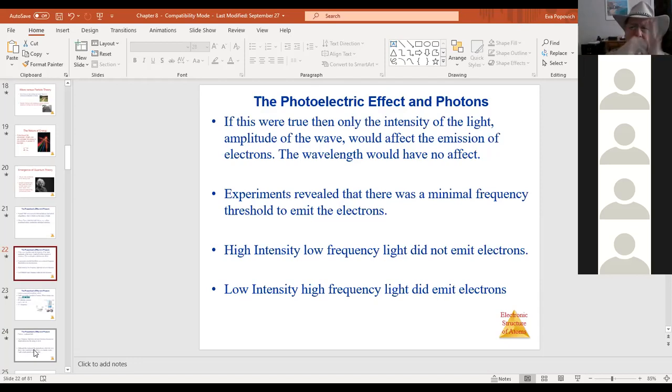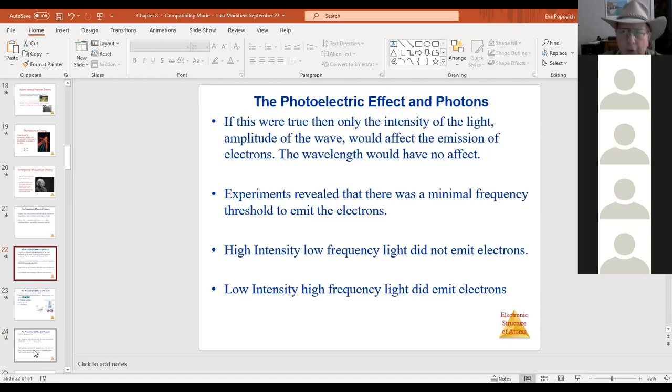When these would hit a piece of metal, they would not eject electrons. On the other hand, waves with a small amplitude but a high frequency would hit the metal and eject the electrons.